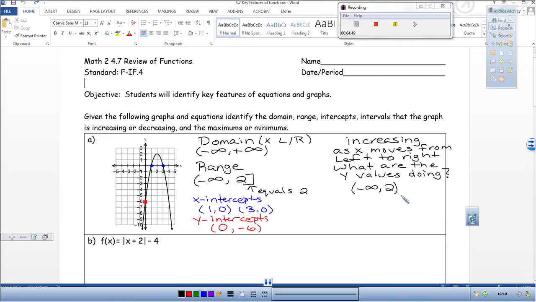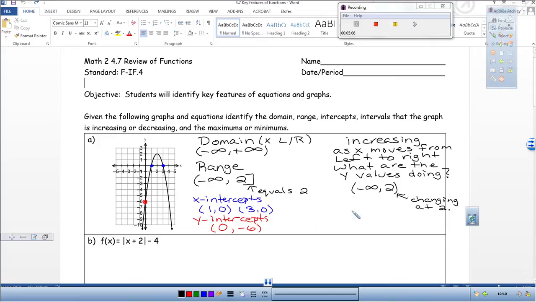Okay? Any questions over that? It's not increasing at 2, it's going to change directions at 2. That's why you don't put a bracket like we do here. Any questions over that?